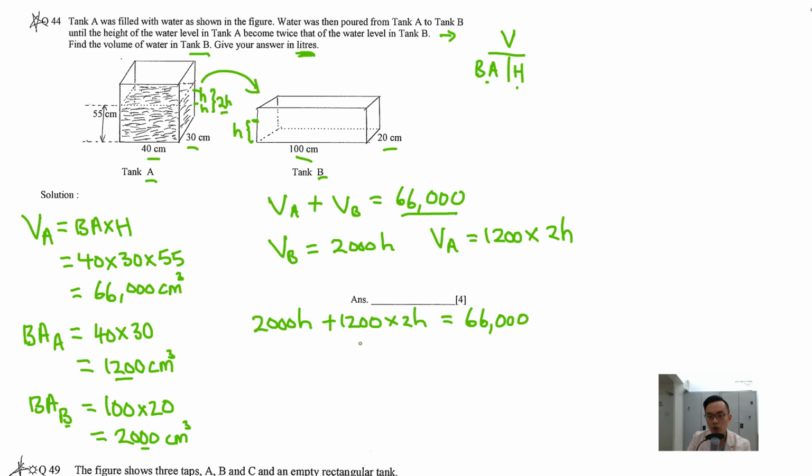And can you solve for what is H? All right, so give you a clue, this one would be 2,400H. Okay, so you need to add up all the H and then divide it by 66,000 and you should get your answer.